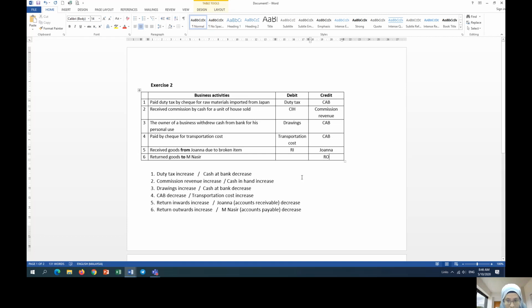Liability decrease. We should debit that account. So we debit the M. Nasir account. Okay, done. Right. So these are the answers for the exercise. For this second exercise.